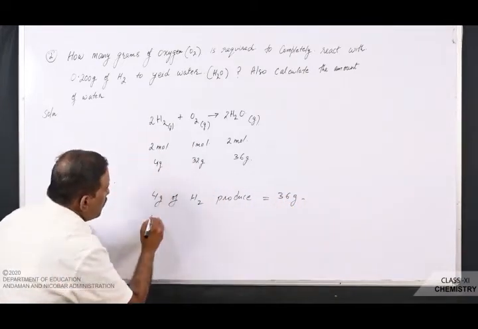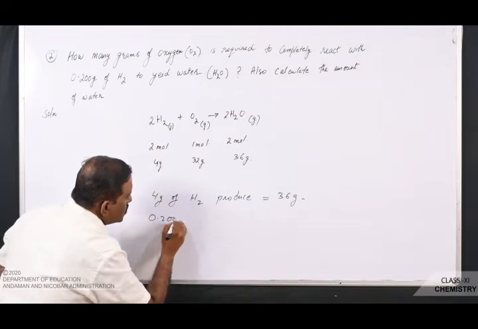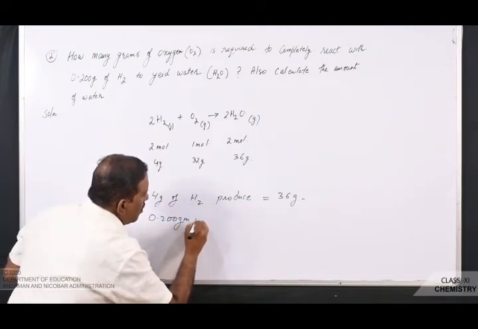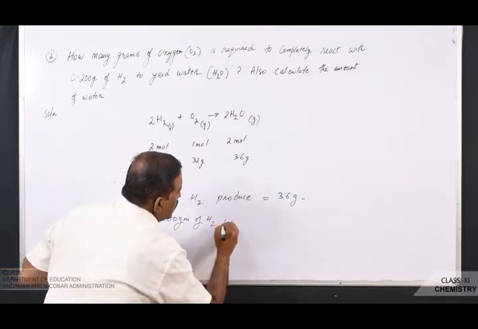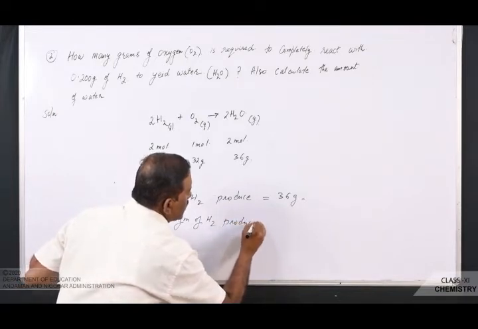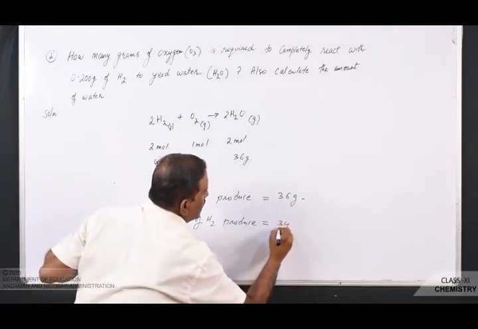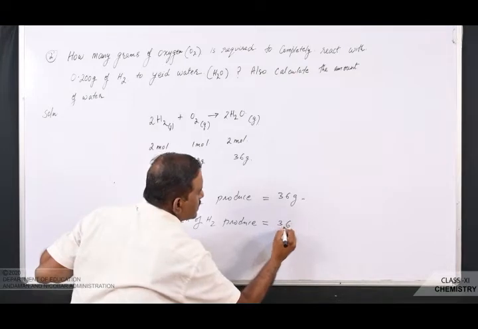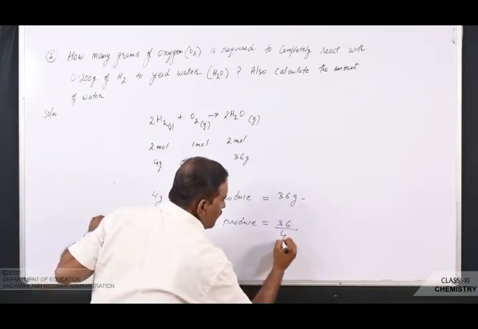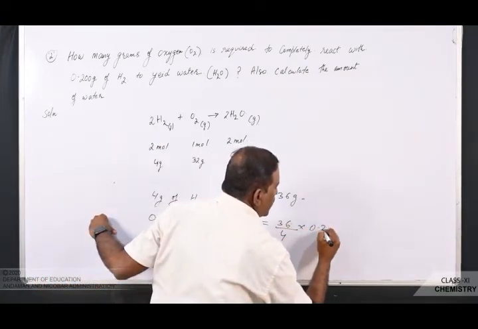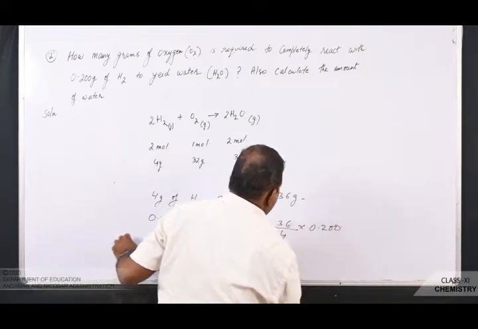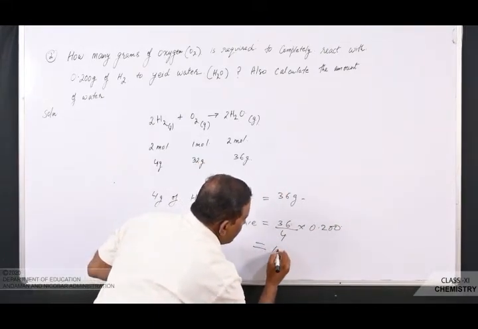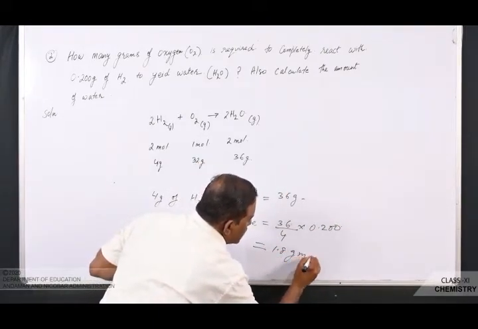So 0.200 grams of H2 produces 36 by 4 into 0.200. So it comes out to be 1.8 grams.